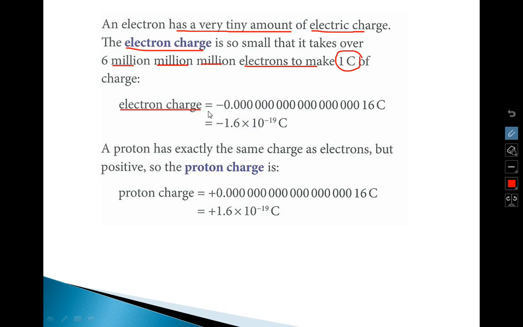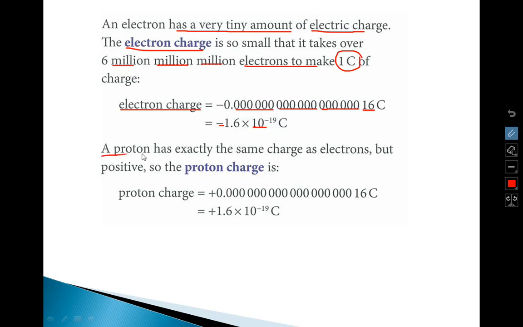So the electron charge is equal to minus 1.6 times 10 to the power of minus 19 coulomb.